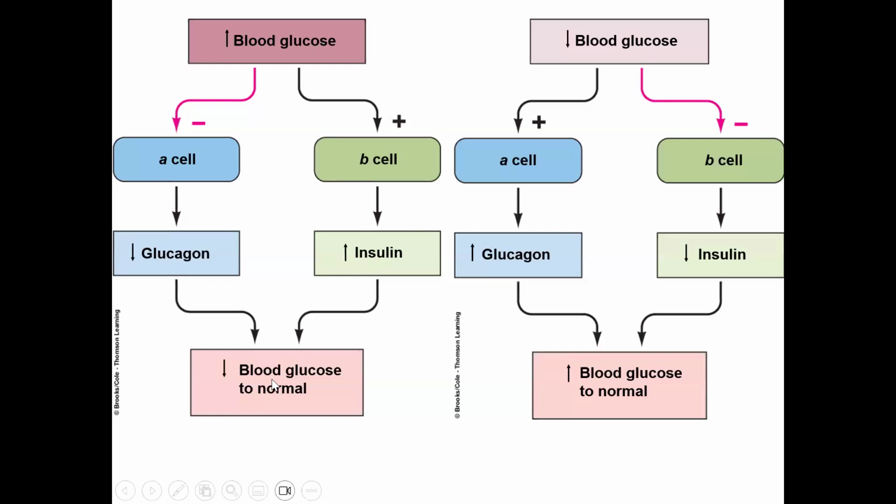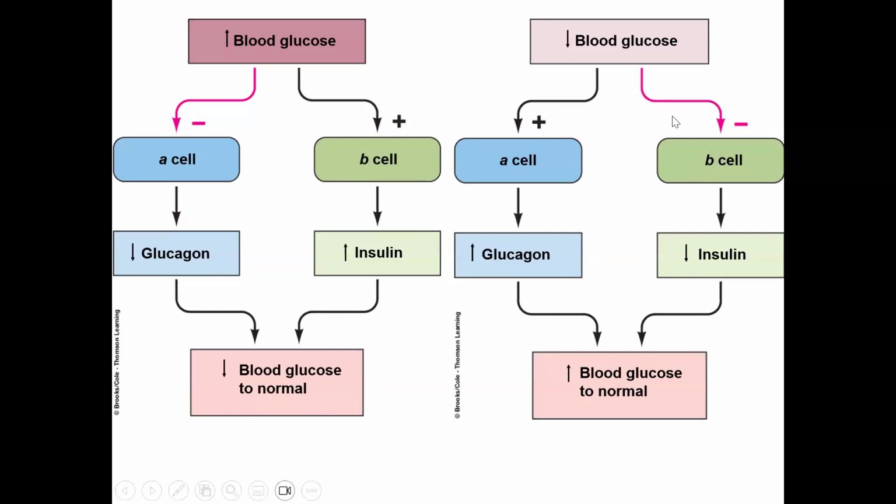Now, on the right half of the slide, you can see another scenario in which the blood glucose is low. When blood glucose levels are low, this will inhibit the beta cells of the pancreas, and at the same time, this will stimulate the alpha cells or A cells of the pancreas. So when A cells are stimulated, glucagon secretion increases, and when beta cells are inhibited, insulin secretion decreases.